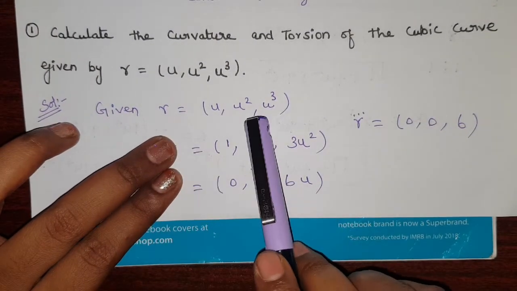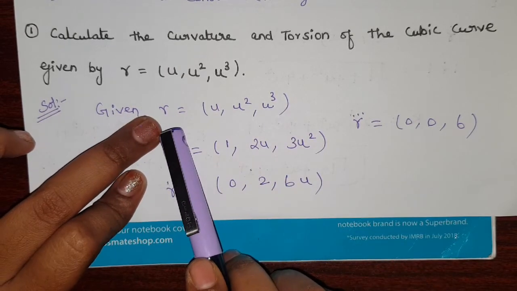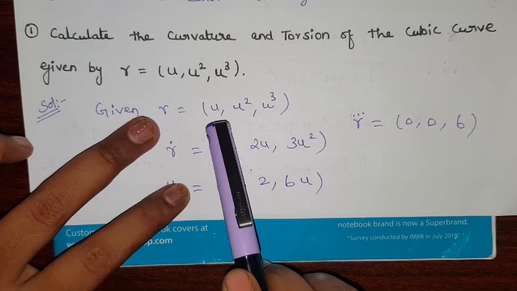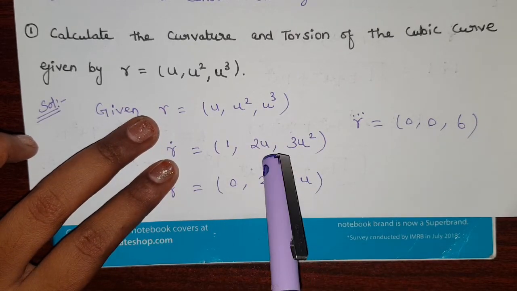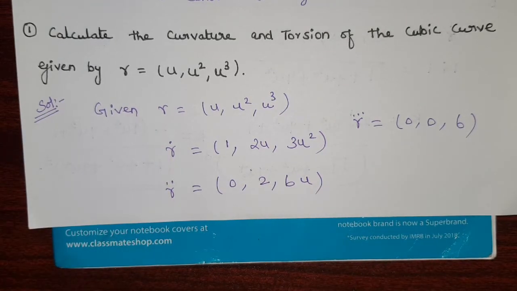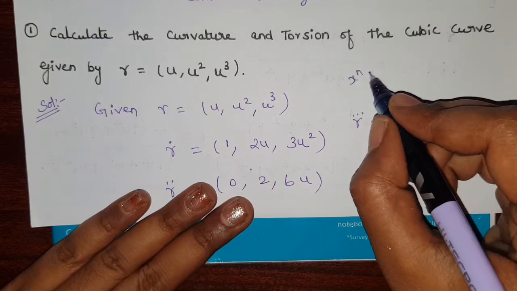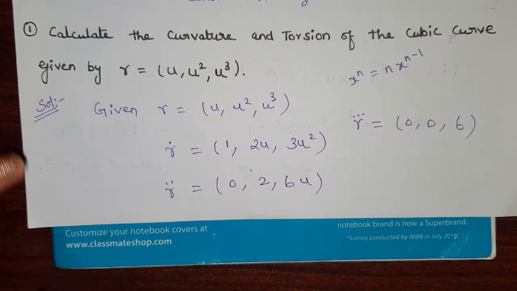First, given r equal to (u, u square, u cube), differentiate r with respect to u. On differentiating, u becomes 1, u square becomes 2u, and u cube becomes 3u square. It is in the format of x power n, that is n into x power n minus 1.